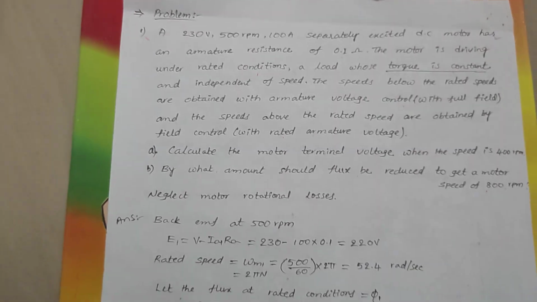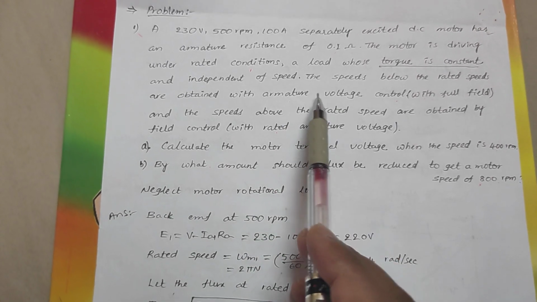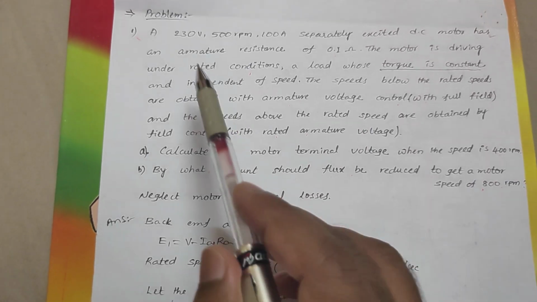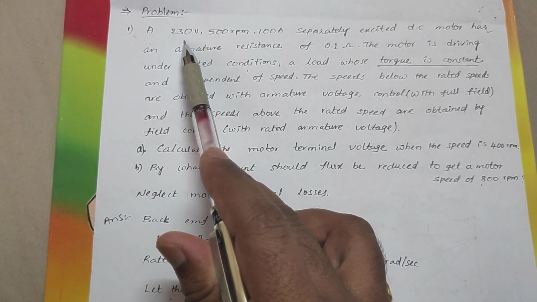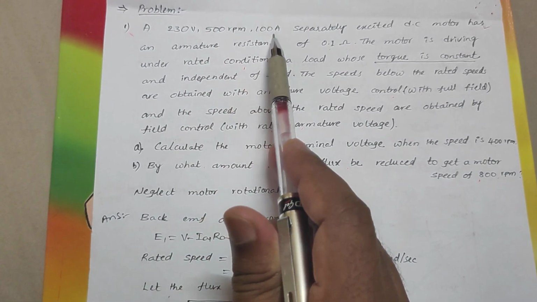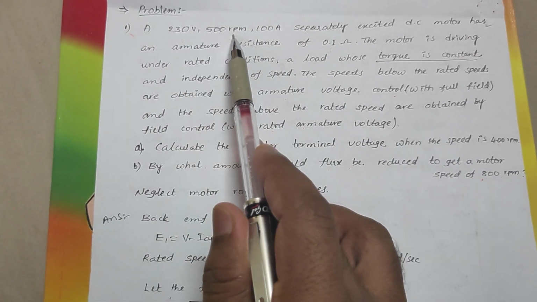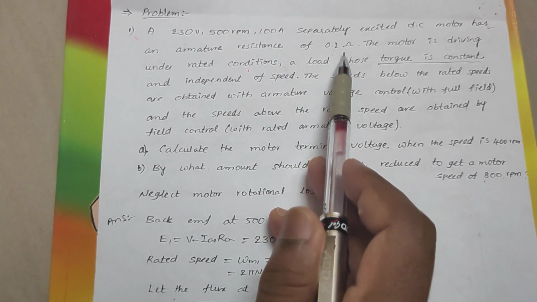For any problem of this type, you need to first find out what we can from the given data. In the first line itself, in most of the problems you can see the voltage, RPM, armature current and armature resistance.